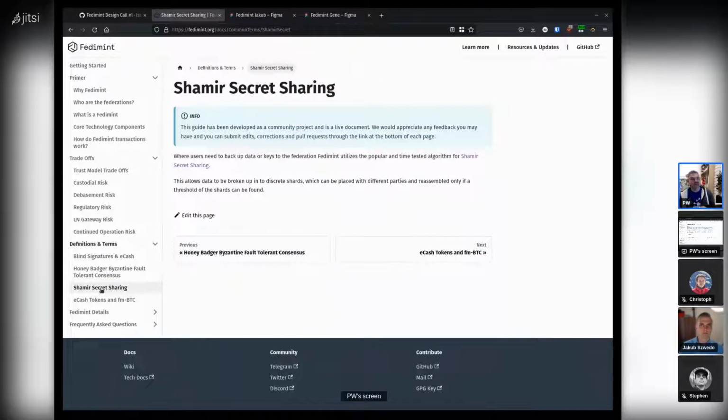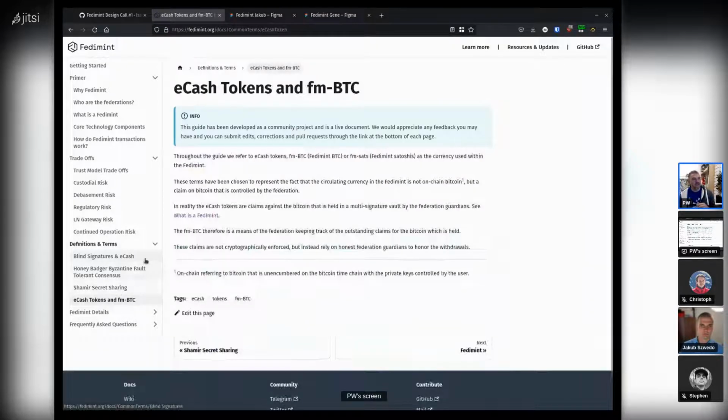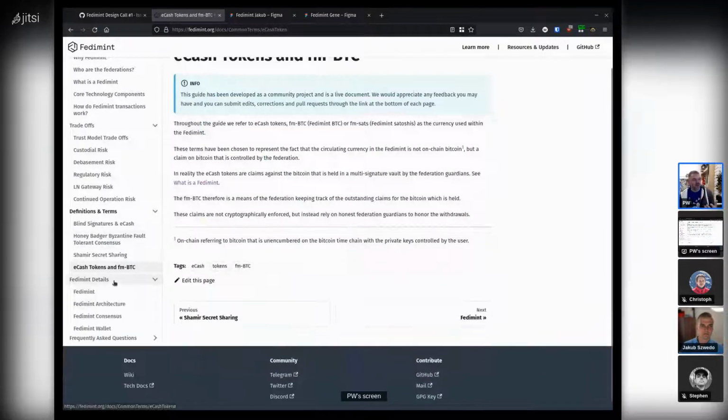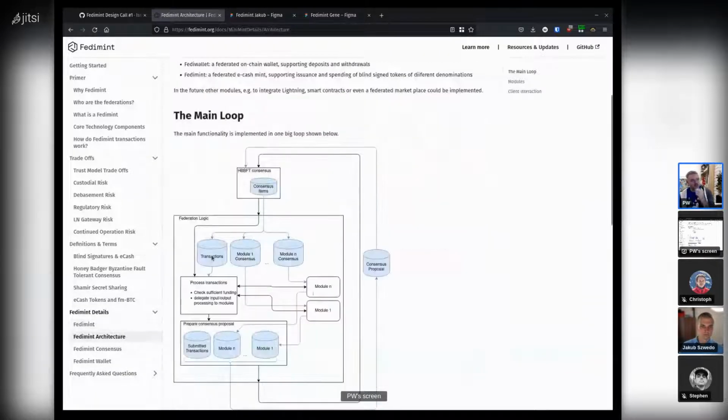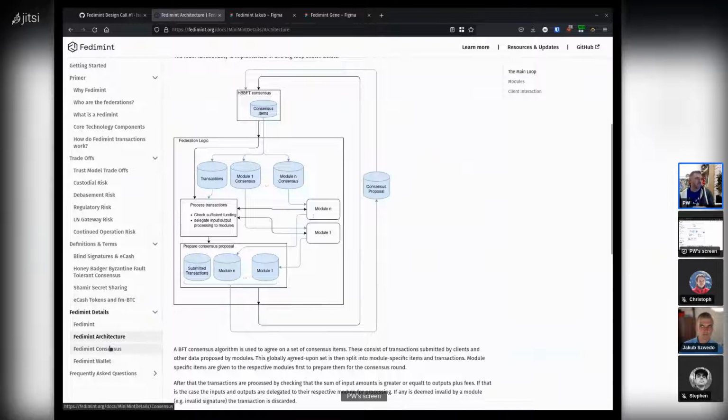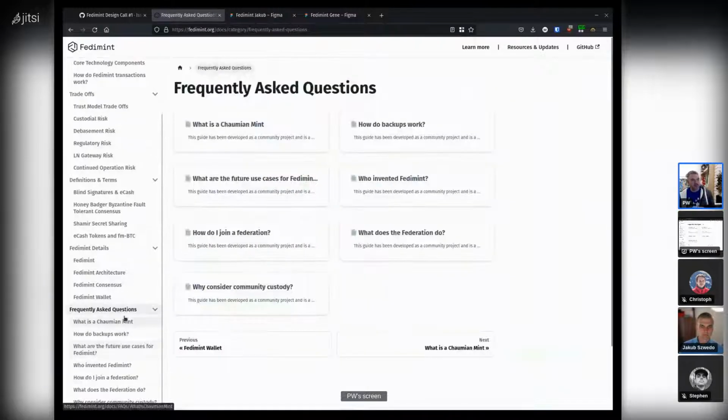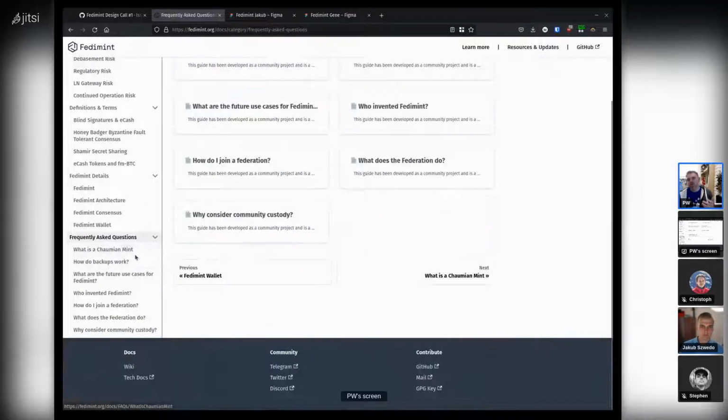I'll expand on the Shamir secret sharing, but at the moment it really just links out to the page on that. eCash, what's eCash? This is some of the details of the Fedimint architecture, so slightly more technically how it all fits together. And then in the frequently asked questions, there's a lot of stuff that crops up inside the Telegram group and in the Discord. So this is going to become the place where we'll start answering a lot of those and just pointing people back to more.